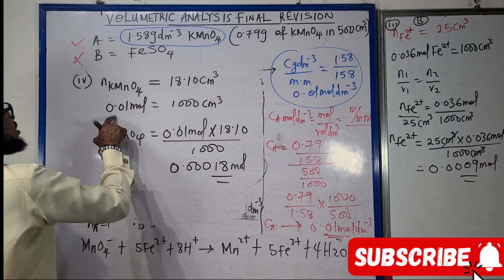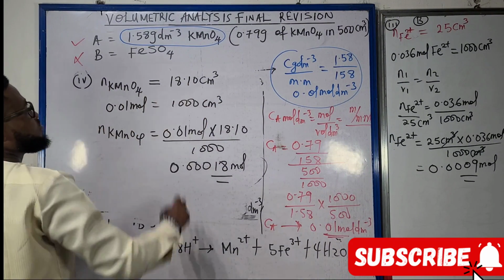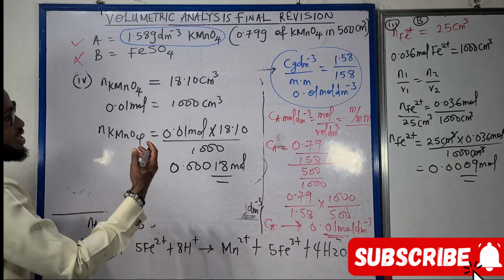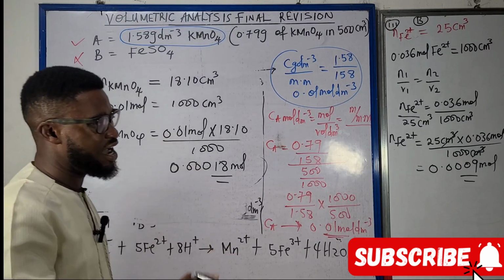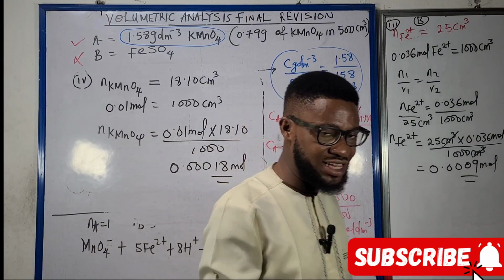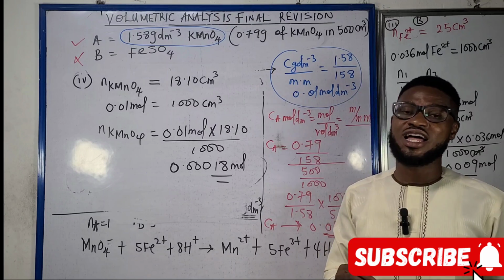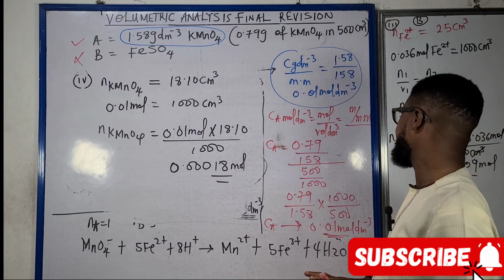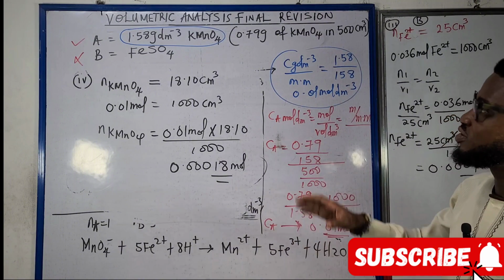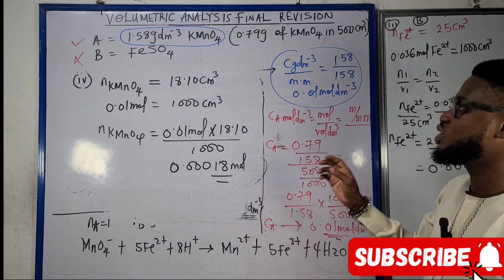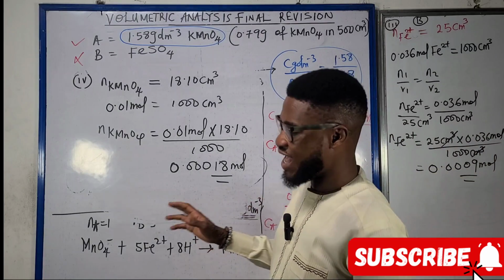If we have only 0.01 mole in 1000 cm cube, then in just 18.10 cm cube we should have way less, and that is just about that. Don't forget the calculation we took last class. The link to that lecture video is in the description, and that one we were looking for Ca. In this case, we were given A, we have to deal with B.